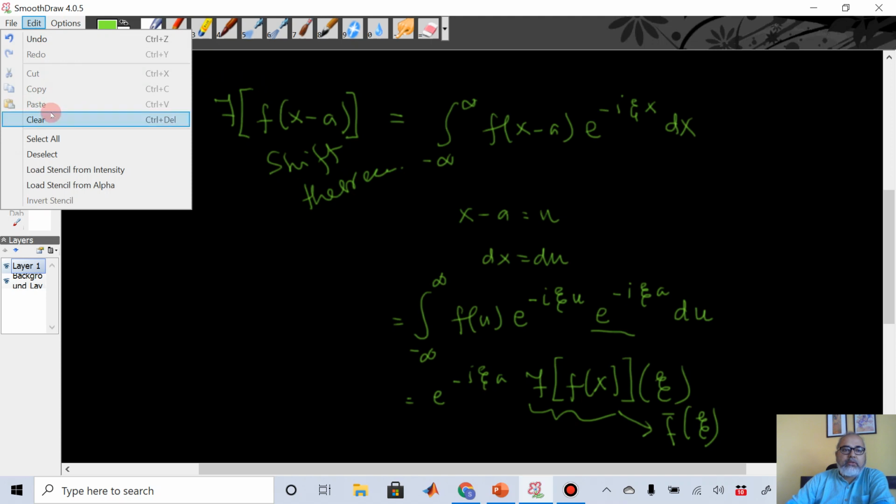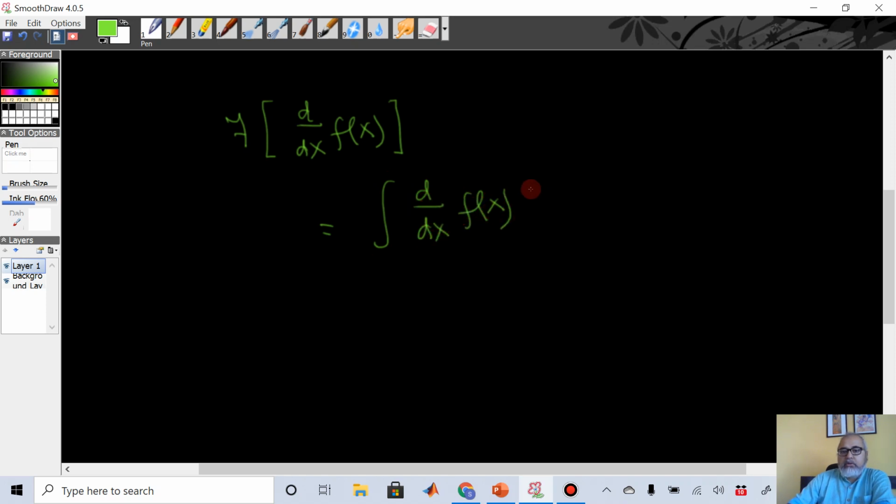There's another one, which is the Fourier transform of d/dx of f(x). This would be the Fourier transform of d/dx of f(x).